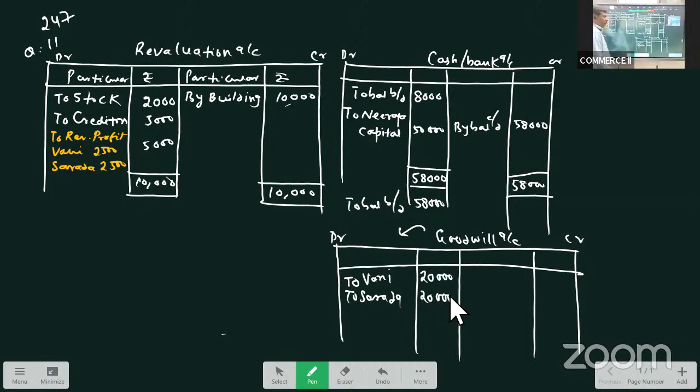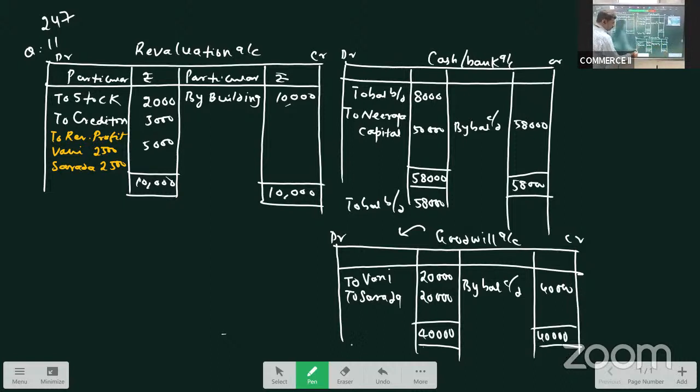But what do we get on the credit side? There won't be any account, because if goodwill is introduced in cash, then we write by cash here. But here it is not introduced. When goodwill is raised, goodwill will show a debit balance. So here we write by balance carried down, the total goodwill amount, 40,000.